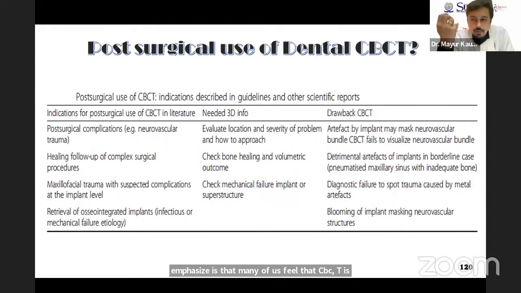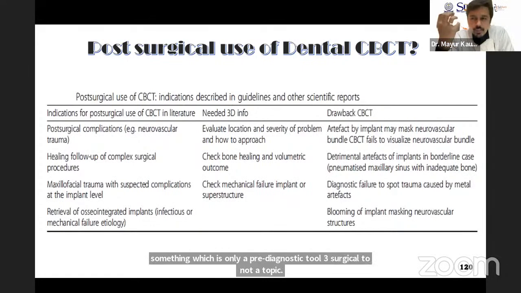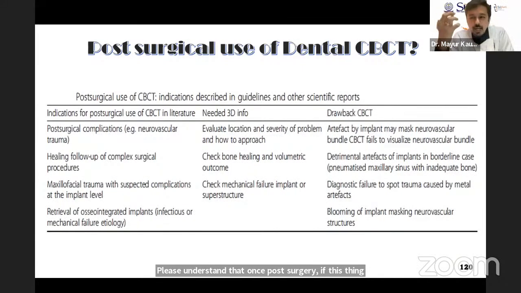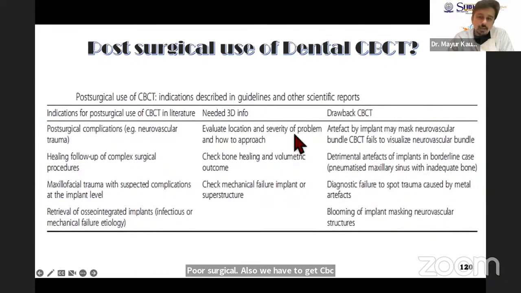Please understand that once post-surgery, if pain is persisting and you feel that you have violated a vital structure, or if you feel the implant is failing or some pathology is there around the implant, even post-surgical, to evaluate any encroachment of the nerve, to see whether the bone loss is there around the implant, post-surgical also, we have to get CBCT done to see how much bone graft was retained in the site, etc. And again, from a documentation point of view, if you want to show how good your regeneration was, it was there.